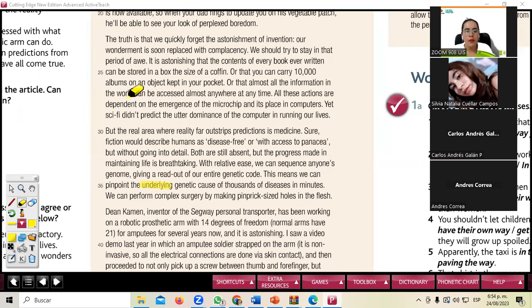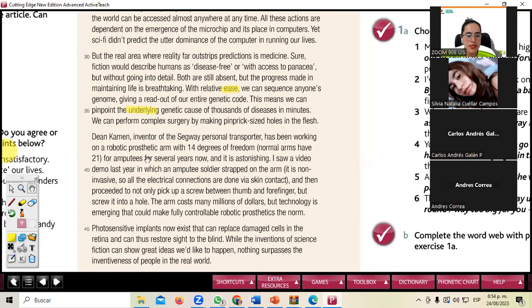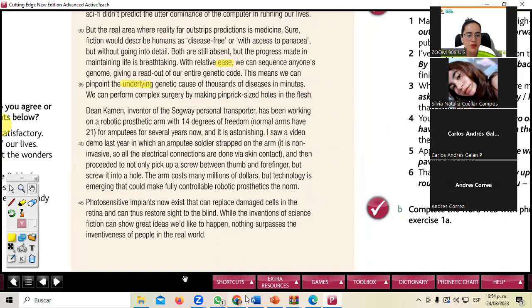Okay? And tell me if you have any other words that we need to clarify here. With ease, facilidad, with relative ease, we can sequence anyone's genome, reading out our genetic code. All right, it's clear? Okay, good. Continue reading. Jeanette, please, next paragraph, number 6.